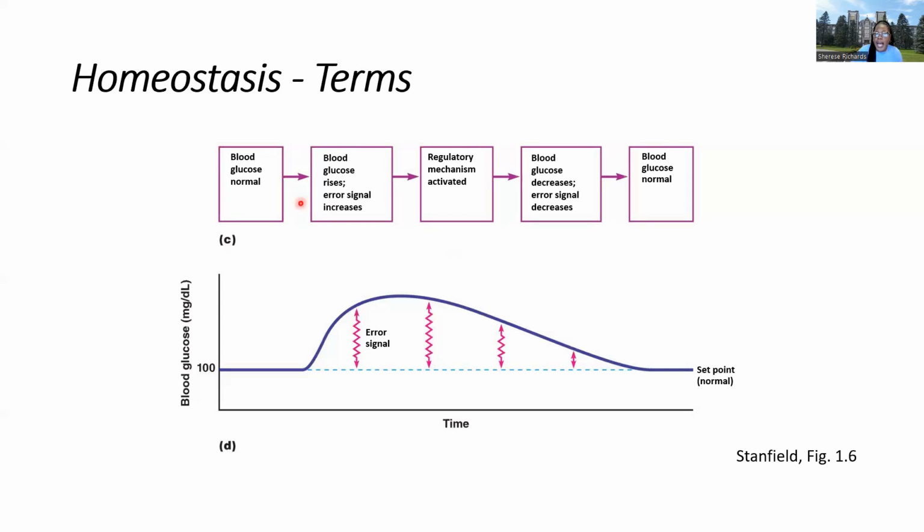All right, so as we begin to initiate that mechanism, we're going to decrease the error signal once again, and that will bring us right back to 100 milligrams per deciliter, which is our normal glucose value. So we can see how that example with the car can also be translated to all of the variables inside our body, and it's going to work the exact same way.